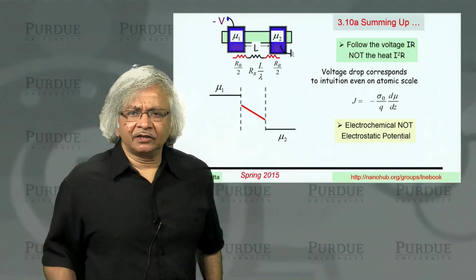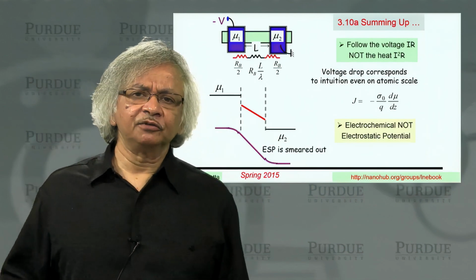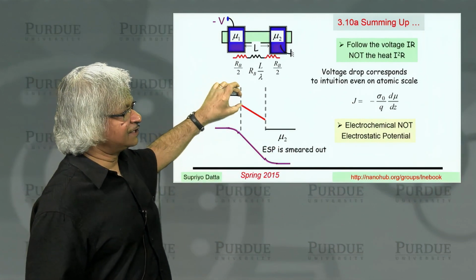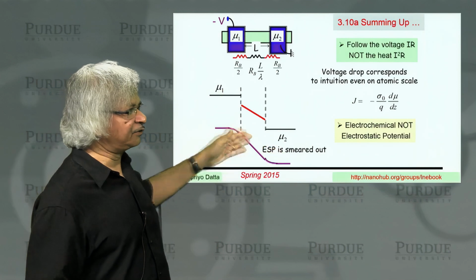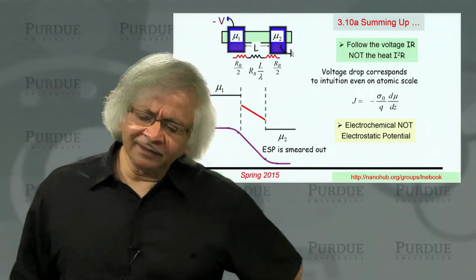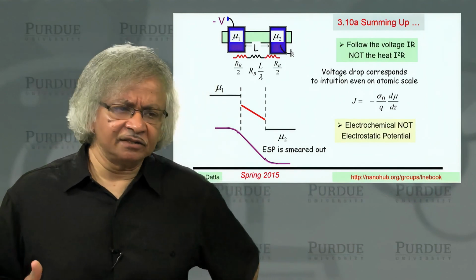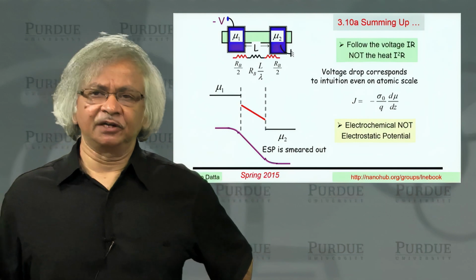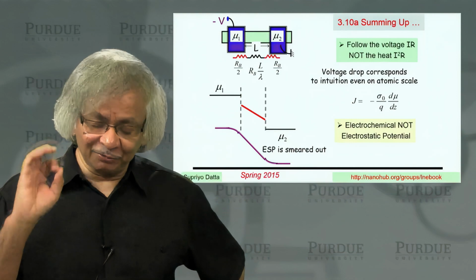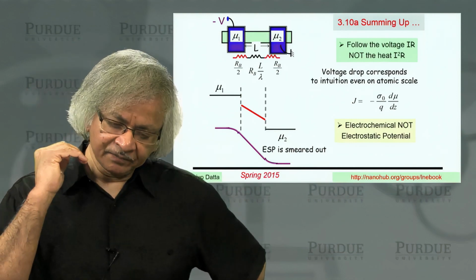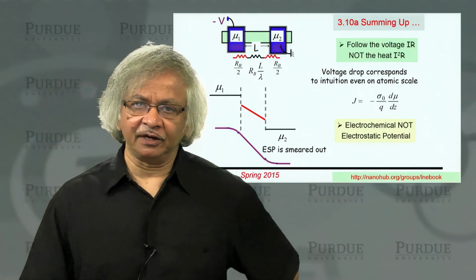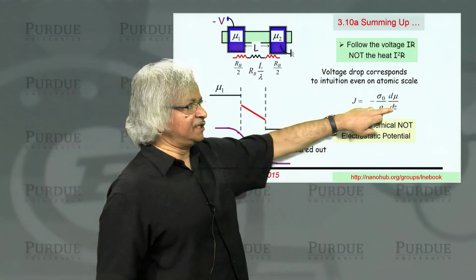On the other hand, if you looked at the electrostatic potentials, you'd see they are often smeared out, so they wouldn't have this information we talked about. They tend to get smeared out by a screening length. More fundamentally, the electrostatic potential is not necessarily constant even at equilibrium, because what equilibrium statistical mechanics requires is that the electrochemical potential be the same everywhere, so that d mu dz should be zero.